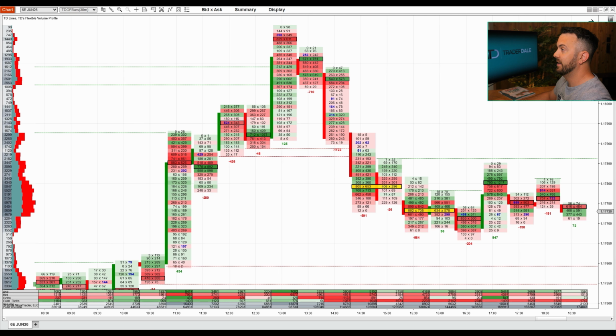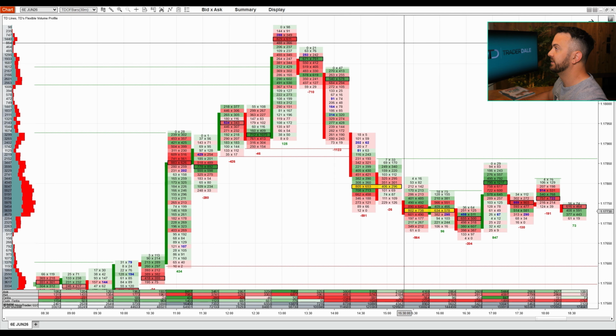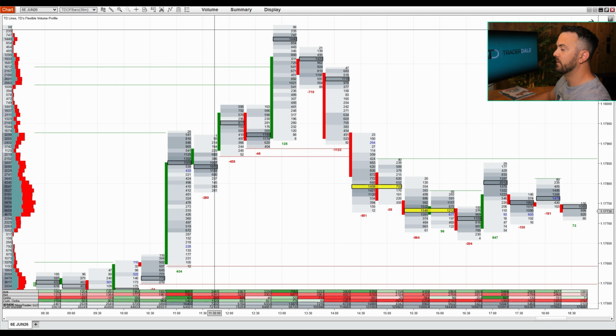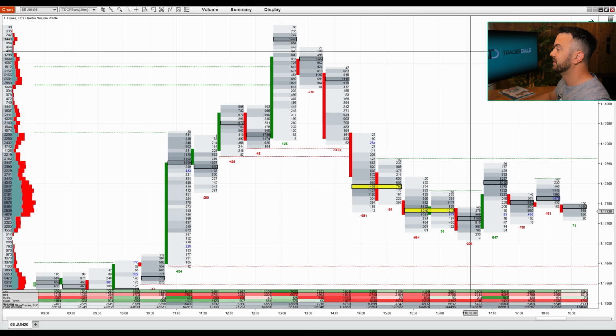The second thing is the volume clusters. And to spot the volume clusters, what I'll do is I'll switch to the volume setting. It's no longer bid and ask, but it shows total volume, which is a bid plus ask.